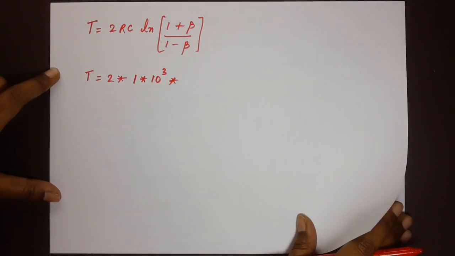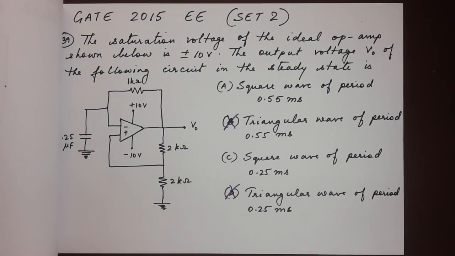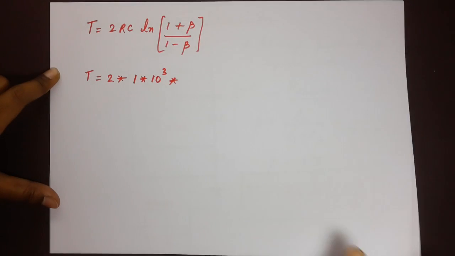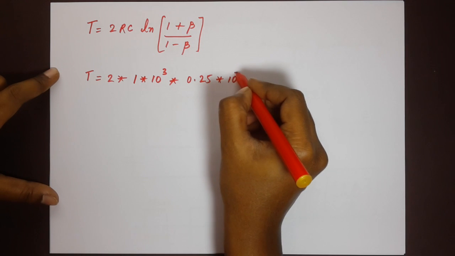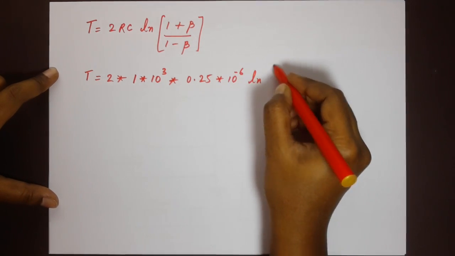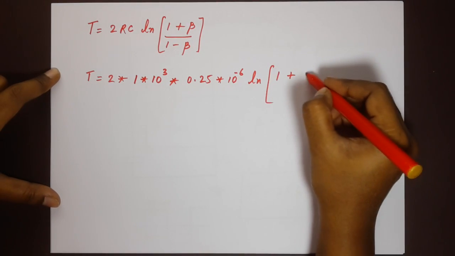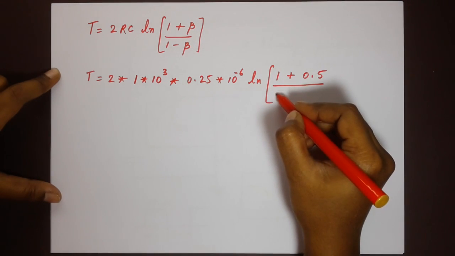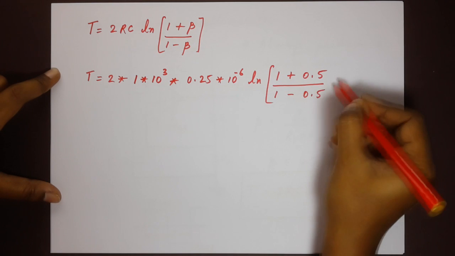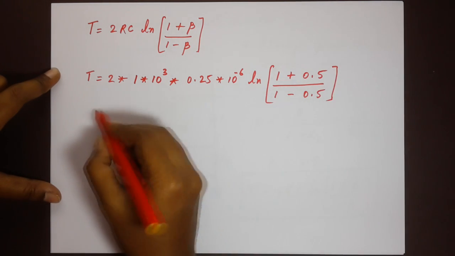I believe it was 0.25 microfarad, yes. So that's 0.25 into 10 power minus 6 ln of 1 plus beta, we just found it to be 0.5, divided by 1 minus 0.5.